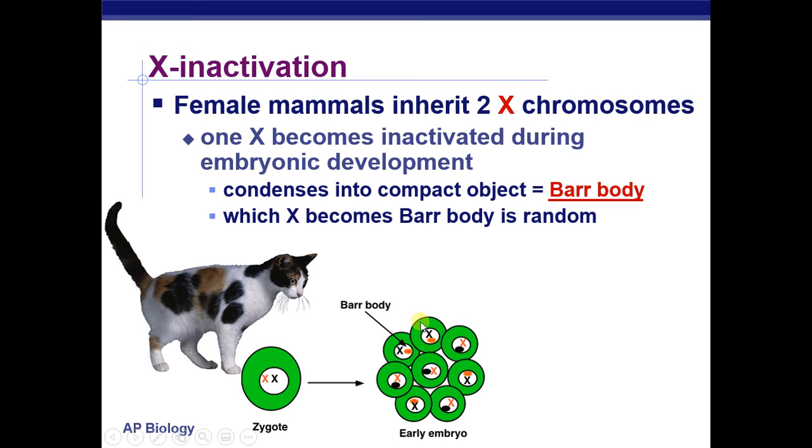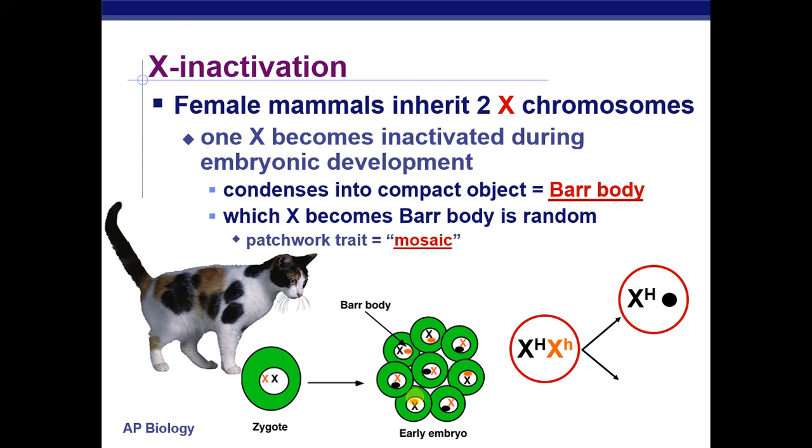And you can see it's kind of random amongst those 8 cells which X becomes inactive. So then when these cells multiply in mitosis to create a whole organism, there's kind of an assortment of cell lines that have come from these 8 original cells that have randomly undergone X inactivation.